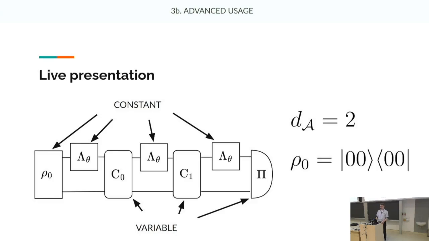Okay, so to recall, what we want to do is to optimize an adaptive strategy, where we keep the input state constant, and we will set it to just the 0, 0 state for an ancilla of dimension 2, so a separable pure state. Can I have a clarification about this adaptive strategy?